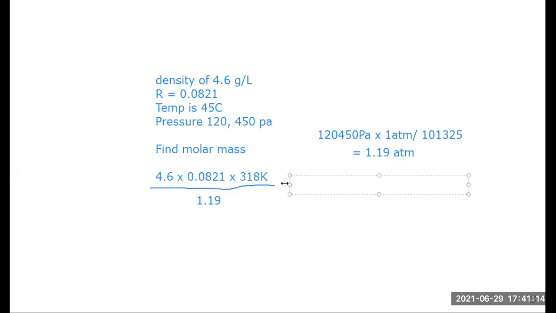And then I need to crunch all my data. So I'm going to do 4.6 times 0.0821 times 318. And that will give me 120.09 divided by 1.19.